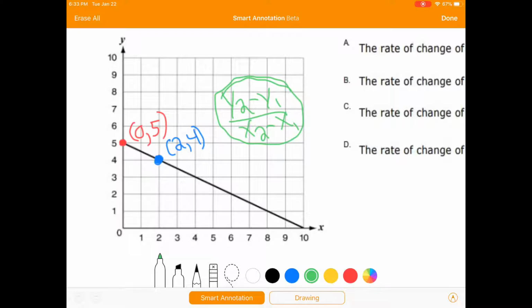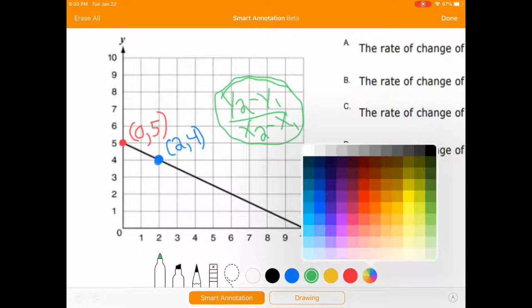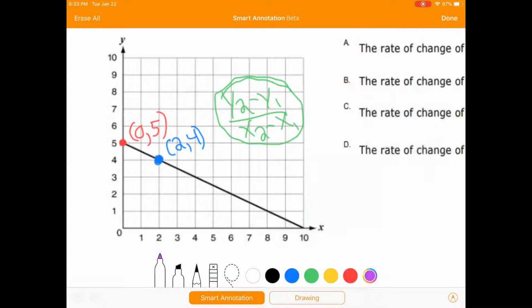So what I want to do is, our slope or our rate of change is going to be rise over run. Well, how much are we either rising or falling first to get from the red dot at 0, 5 to the blue dot, which is 2, 4?